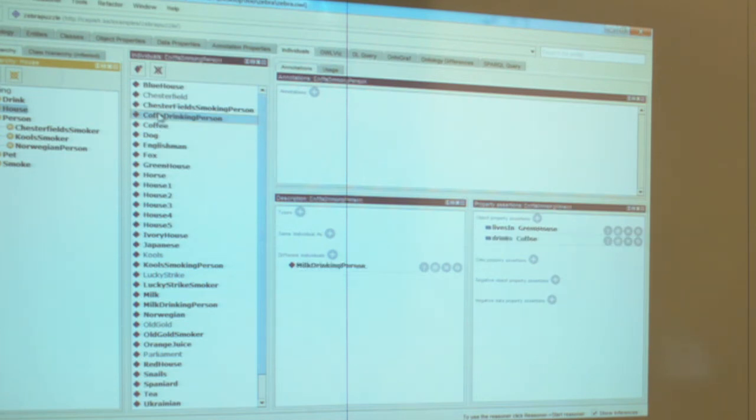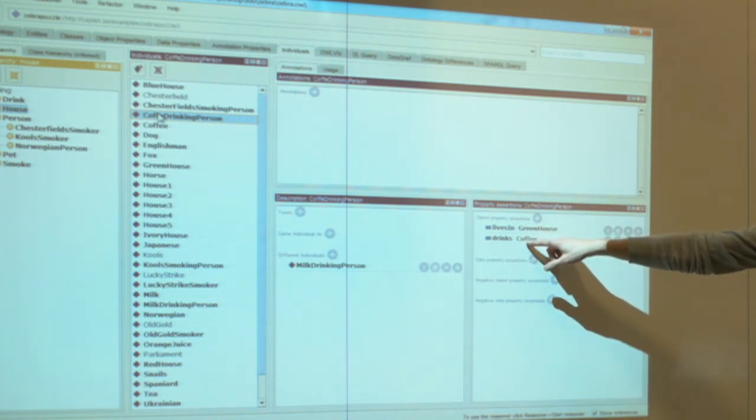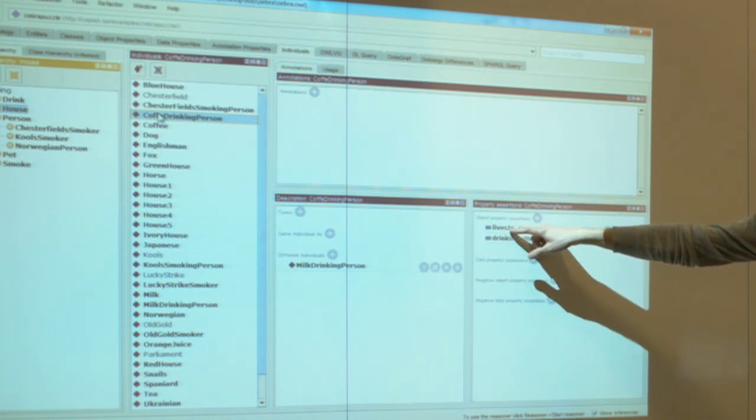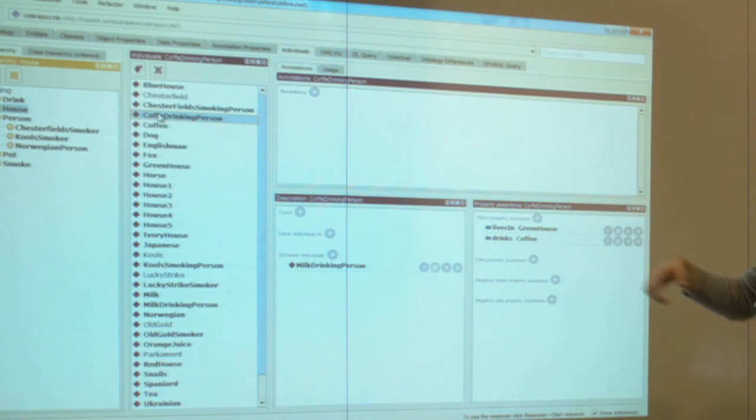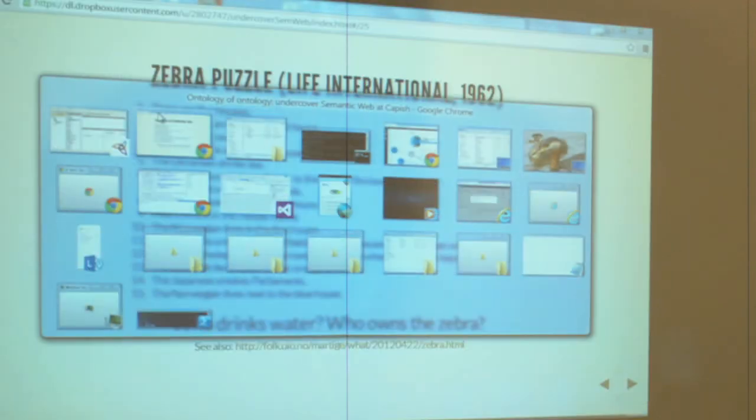And then we say that a coffee drinking person is someone who drinks coffee. And then he happens also to live in the greenhouse. So we create an auxiliary instance for that. And of course, this instance will then turn out to be identical with one of the other persons that we have already defined.